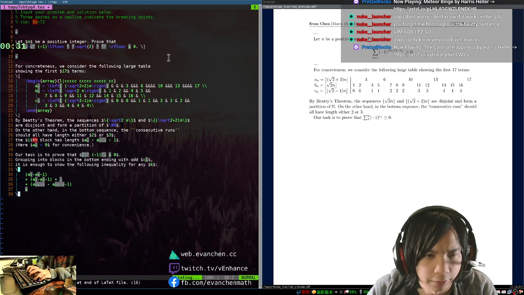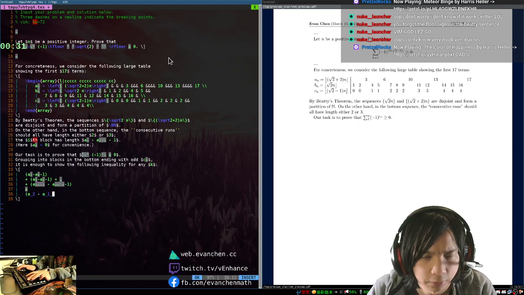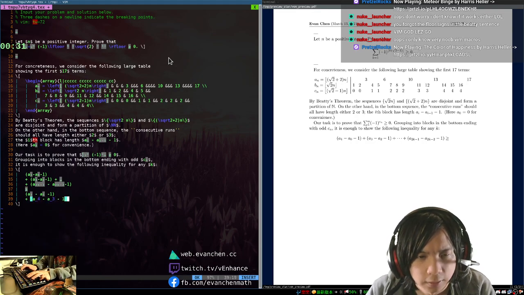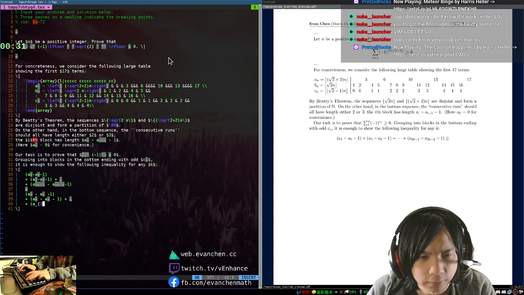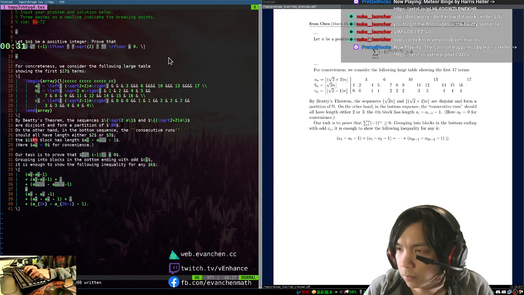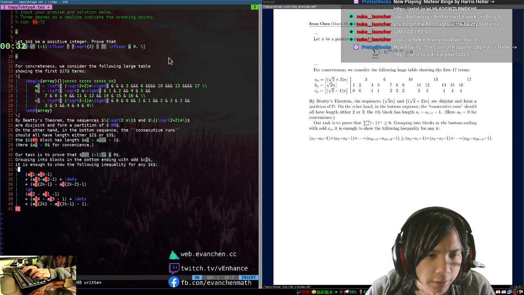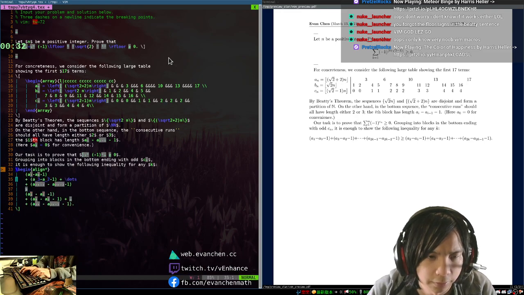We want this to be greater than or equal to A2 minus A1 minus 1 plus A4 minus A3 minus 1 plus so on, plus A2k minus A2k minus 1 minus 1. That should be displayed in 2 lines. It's too long to fit on a single line.